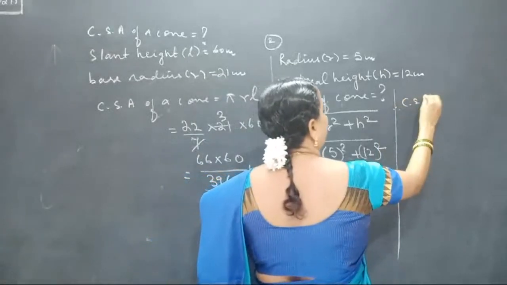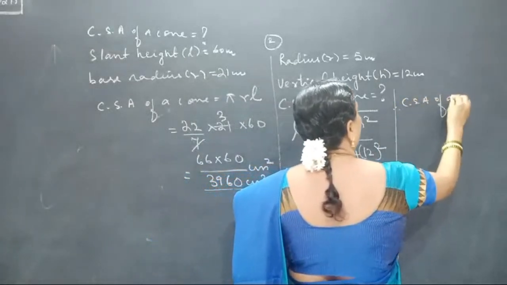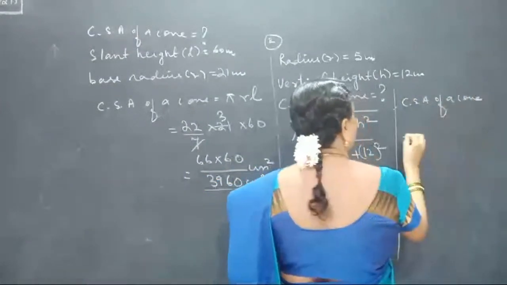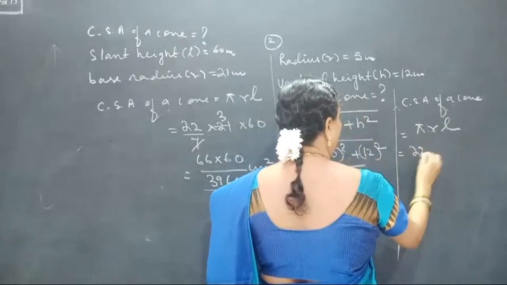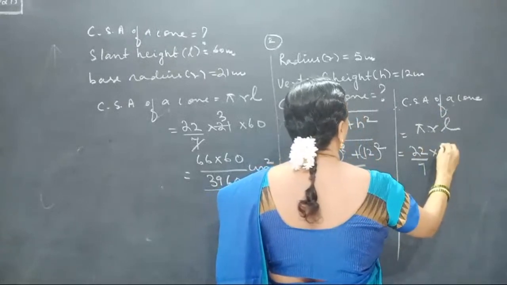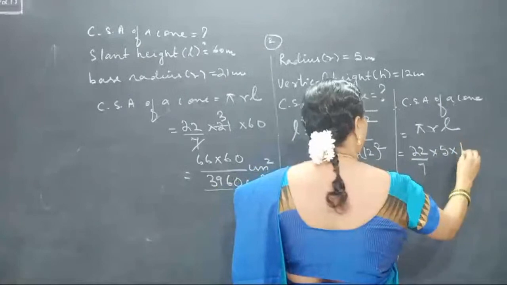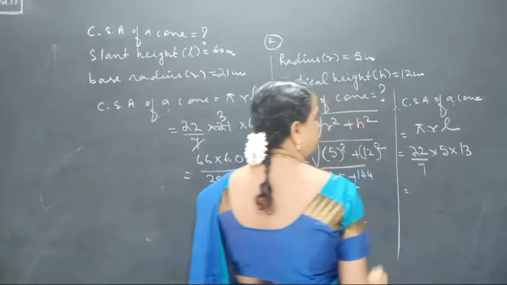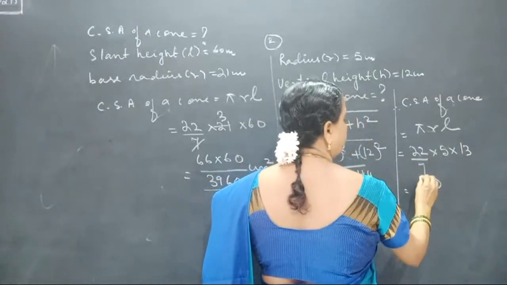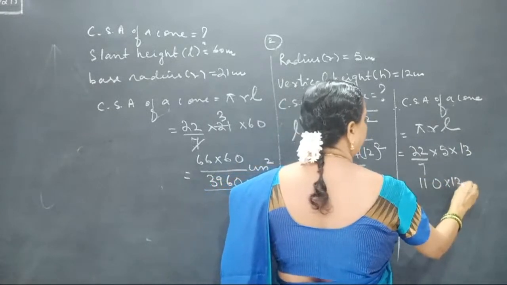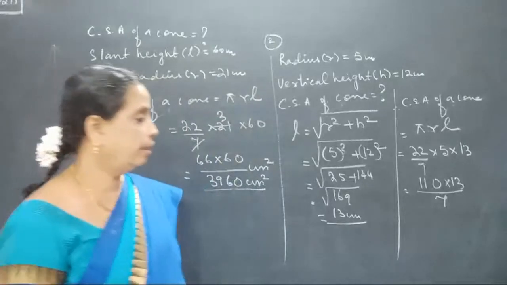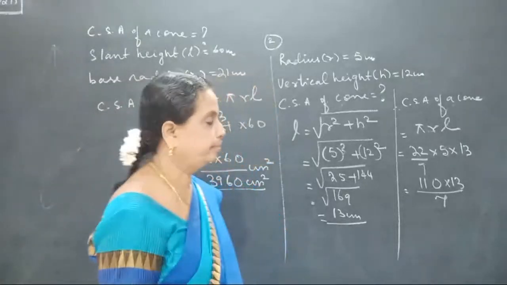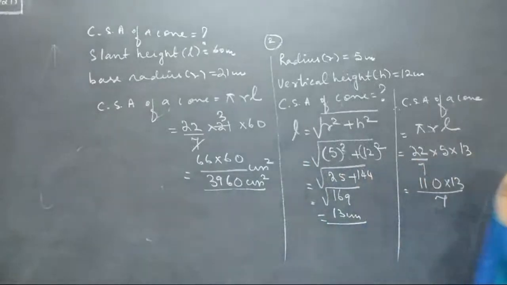Therefore, curved surface area of a cone equals pi R L. 22 by 7, radius 5, slant height 13. Get the product and divide it by 7. 110 into 13 divided by 7.